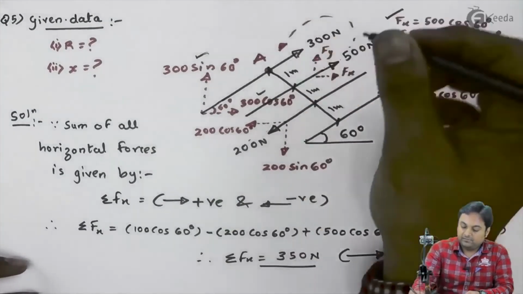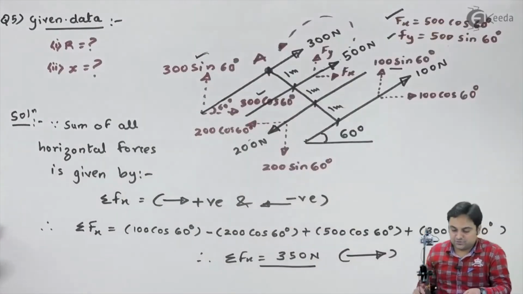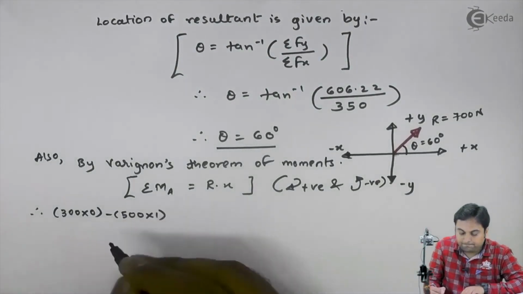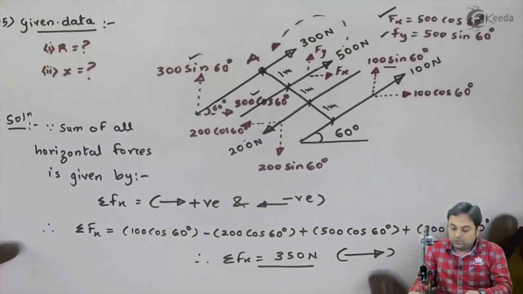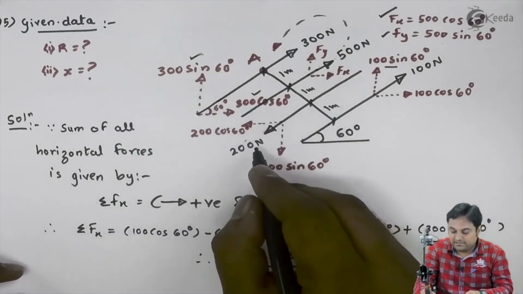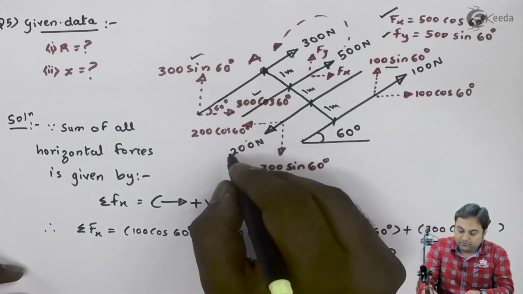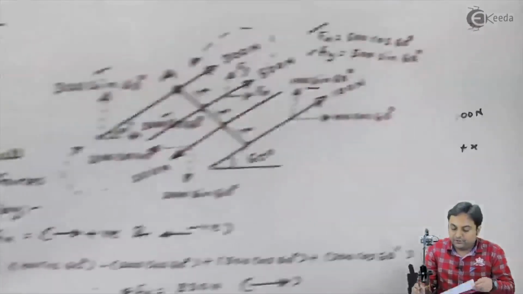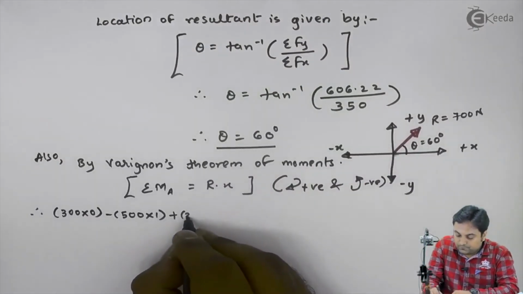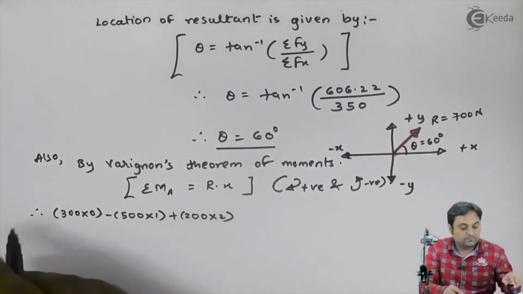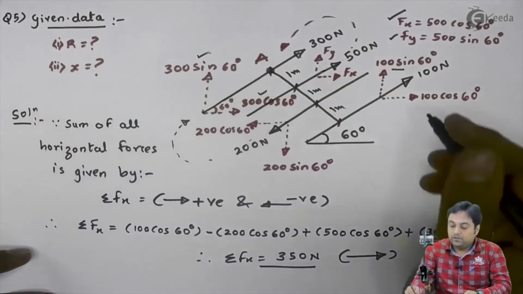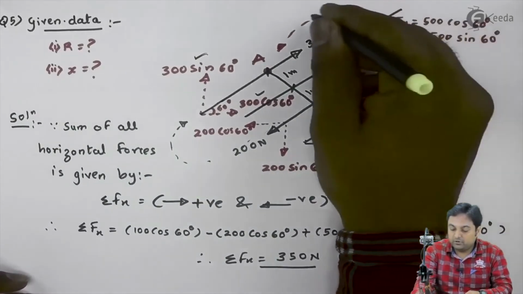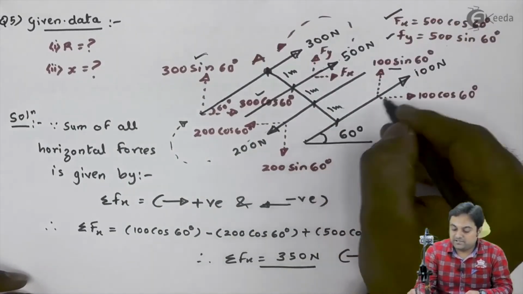So here I have minus 500 into perpendicular distance 1, minus 500 into 1, then 200 Newton is acting at 2 meter from A, it would be moving in clockwise direction. So plus 200 into 2. Then 100 Newton is acting at 3 meter from A, it will be producing anti-clockwise moment. So that is minus 100 into 3.